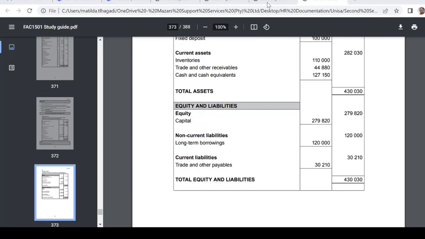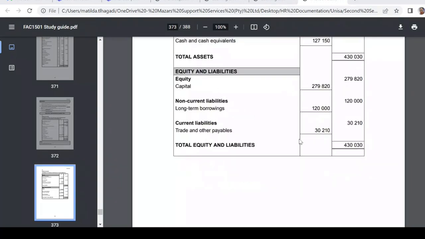Trade and other receivables is debtors control. Cash and cash equivalent is bank, which is 127,500. So the total assets is 430.